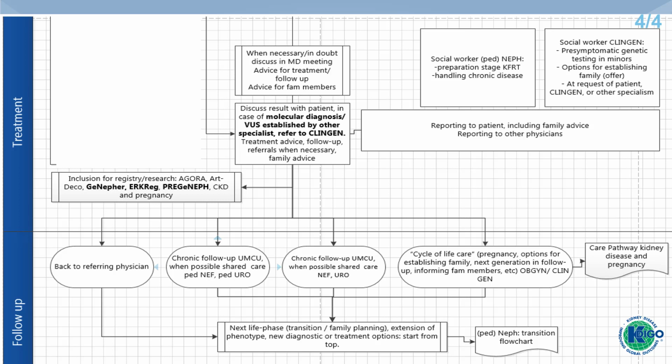And we have a registry for outcomes of pregnancies in patients with kidney disease. We don't have a 100% system where we get everybody in, so that's one of the things we're really working on.